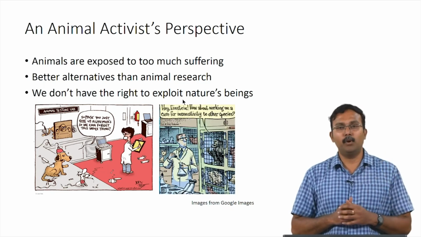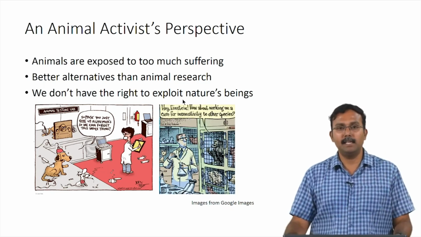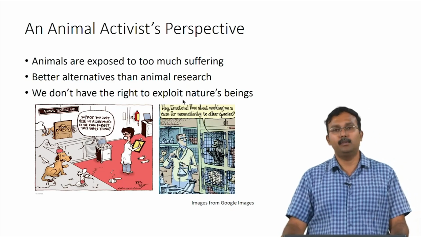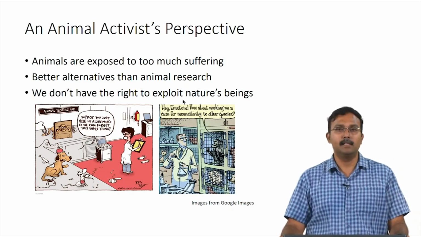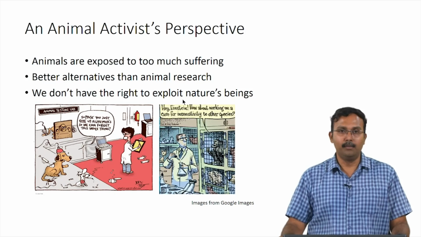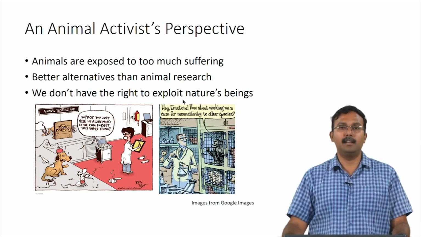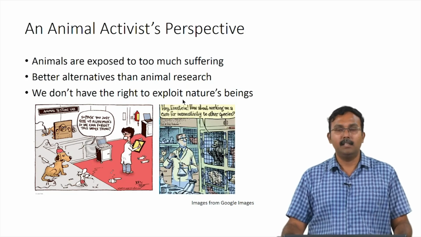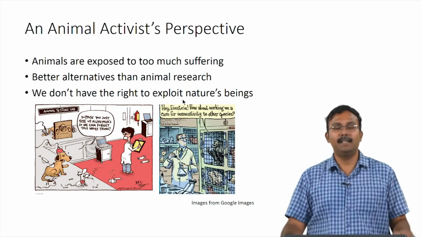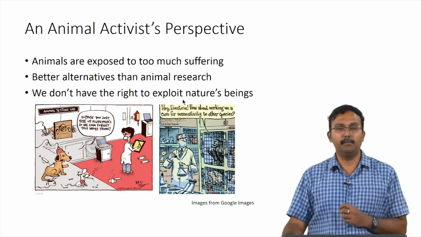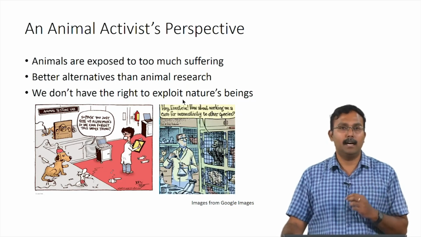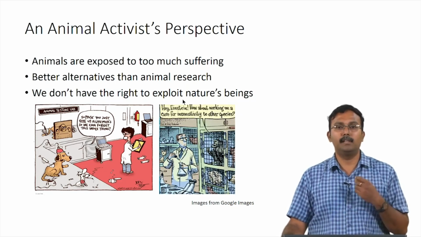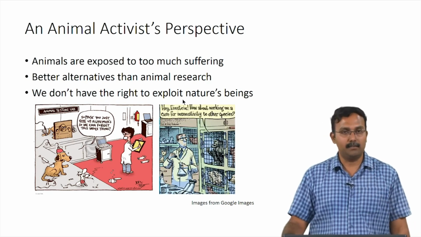The last point which is usually presented is that we do not have the right to exploit nature's beings. Although we are humans and we believe that we have to save each other's lives, that does not give us the right to take the life of another living being. These are the arguments usually put forth by animal rights activists.